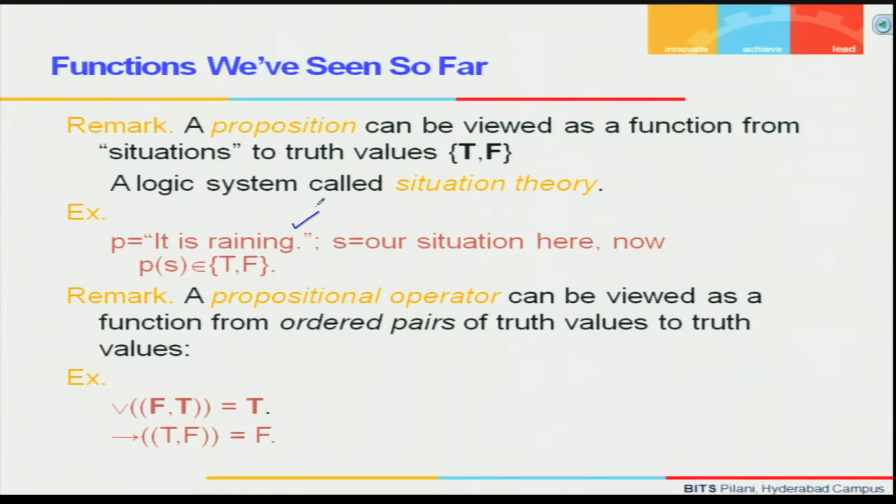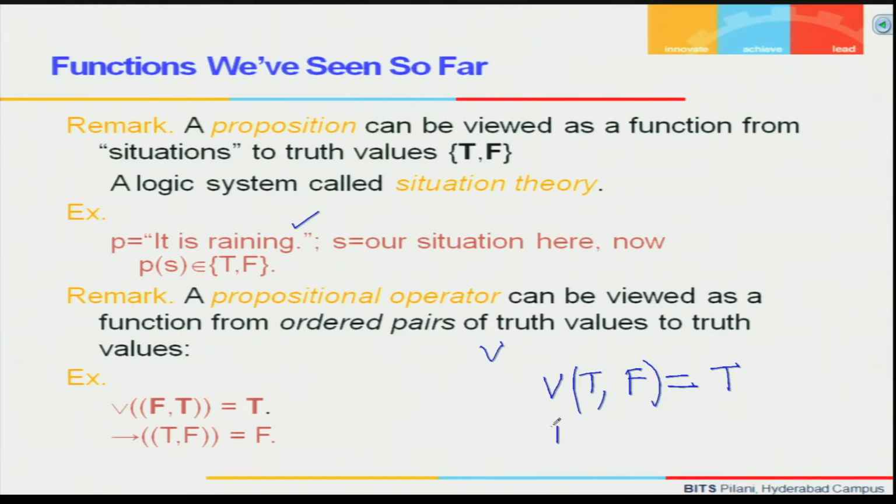And if you carefully observe, there is one more function that we have already seen, that is the propositional operator. Operator also is nothing but a function. If you have got an operator called OR, it takes an ordered pair, say true, false, and this particular function operates on it and will define its value as true.